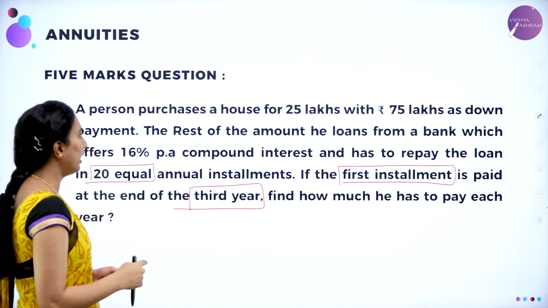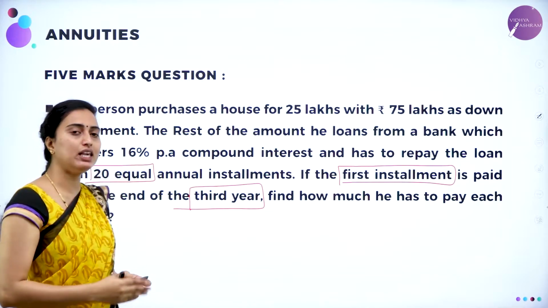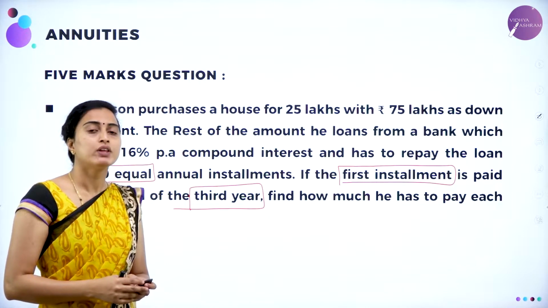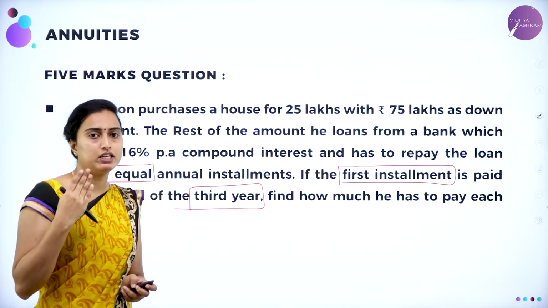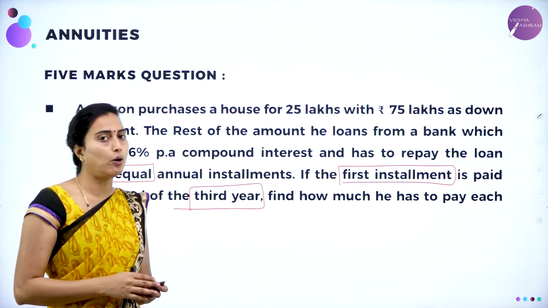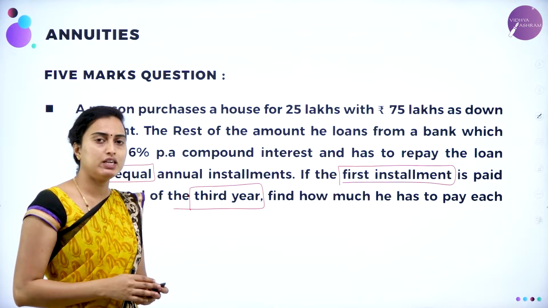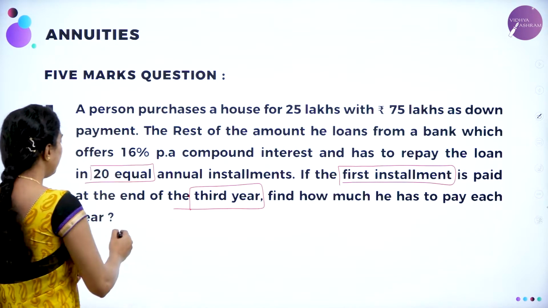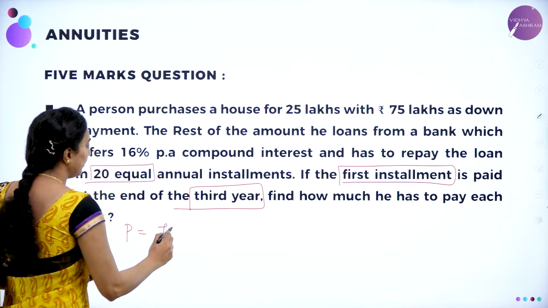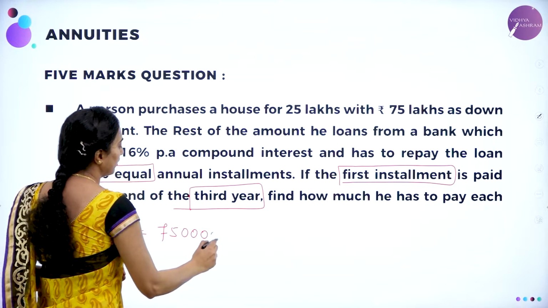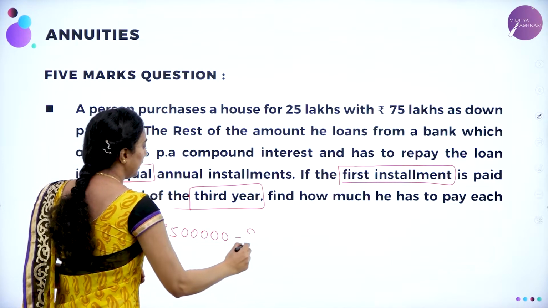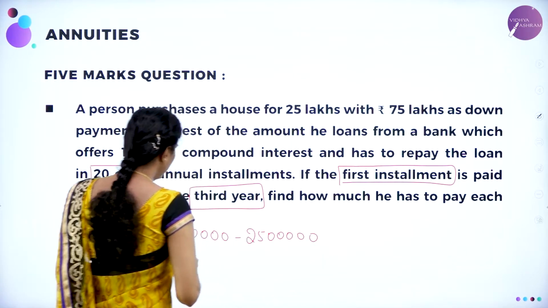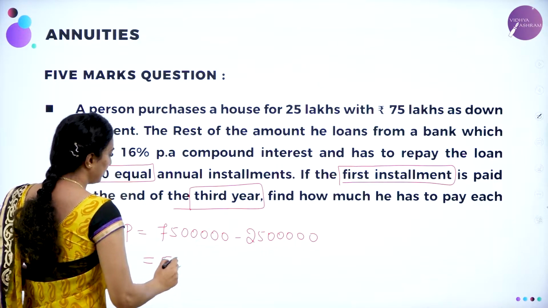So here, P is equal to... he is going to pay a down payment of 25 lakhs. And then 75 lakhs minus 25 lakhs will be how much? So the present value will be 50 lakh. Therefore, I can calculate P is equal to 75 lakh minus 25 lakh, which is equal to 50 lakh.